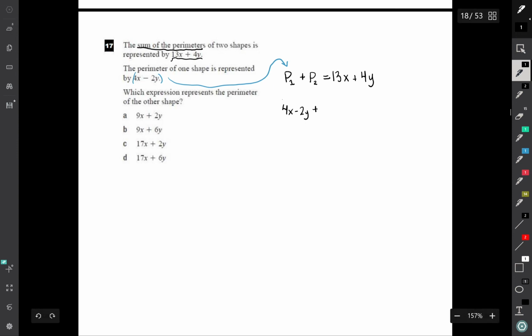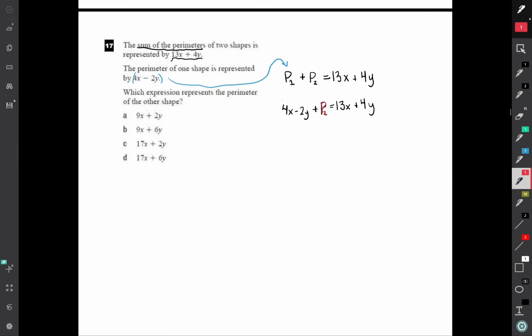Then I still have my second shape, right? So perimeter of shape 2, I still don't know that. Now what I have to do is isolate the perimeter of the second shape, P2, so I have to get everything to the other side of the equal sign.